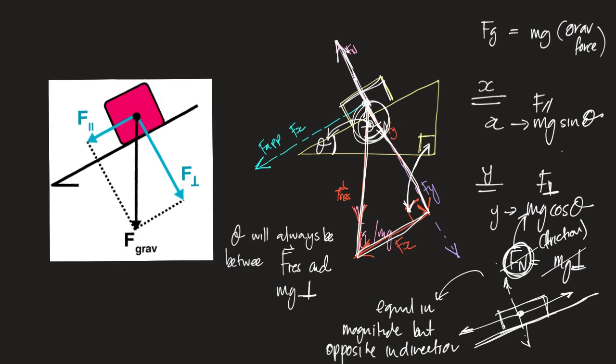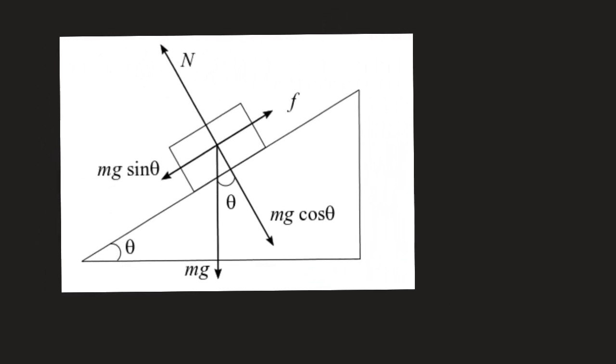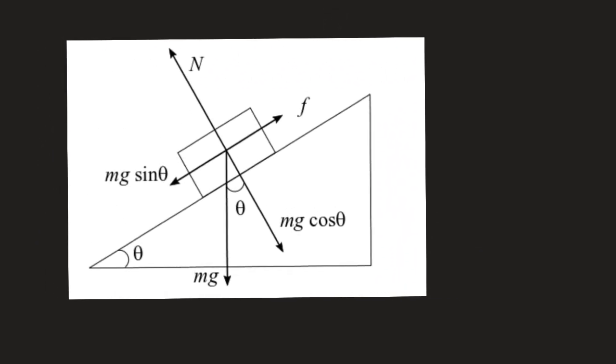So technically, when I have an object on a surface, what I'm looking at is something like this. Now, here's my problem. When I draw a free body diagram, this is a force diagram. When I draw a free body diagram, I am not allowed to include this and the components at the same time. So if I'm looking at a free body diagram, I know that my object's natural motion is down, and that is represented by mg sine theta on an incline.